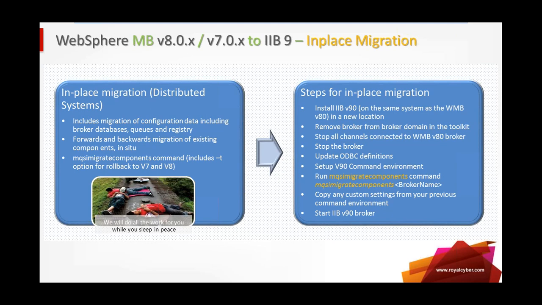You then update your ODBC definitions according to the new format of IIB 9. Then using your command environment, you have to run the mqsimigratecomponents command. After that, if you have done any custom changes to your broker, you have to apply those changes here, and then you can start your IIB 9 broker. So that's how you can do the in-place migration.